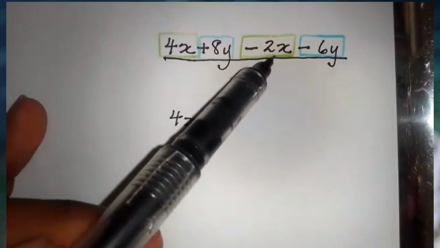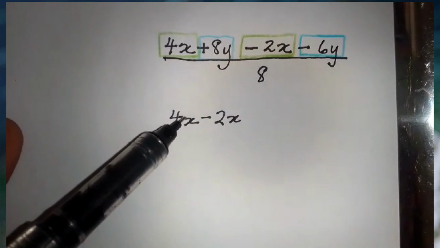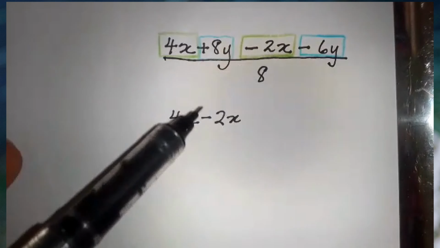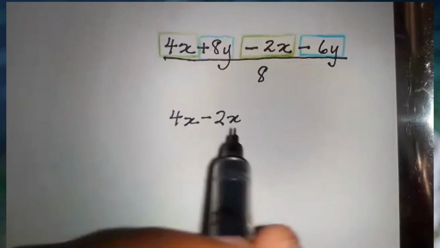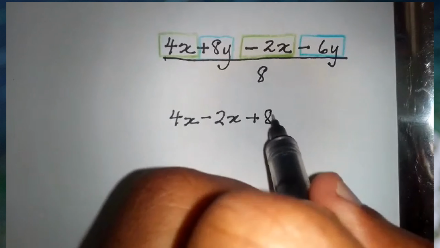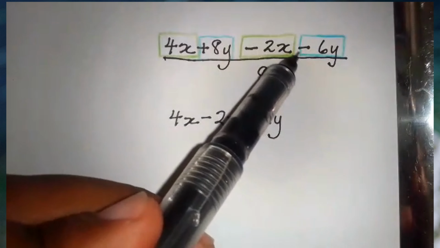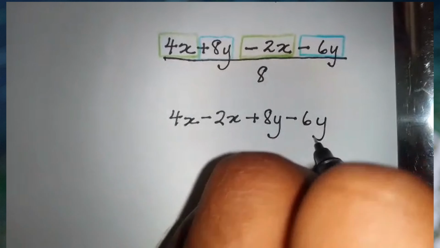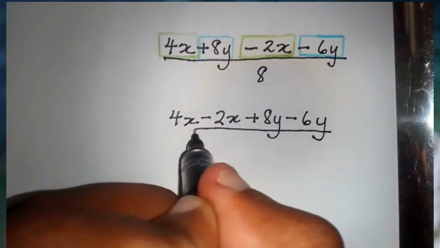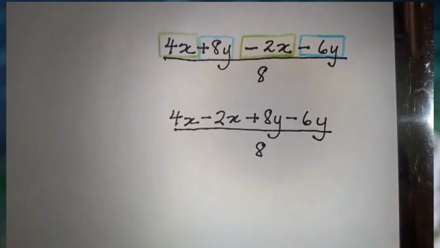So notice I'm carrying the x's with the signs. See? 4x minus 2x. And then now I have this plus 8y. So I'm going to add 8y. And then there's this minus 6y. So I'm going to minus 6y, all over my denominator of 8.